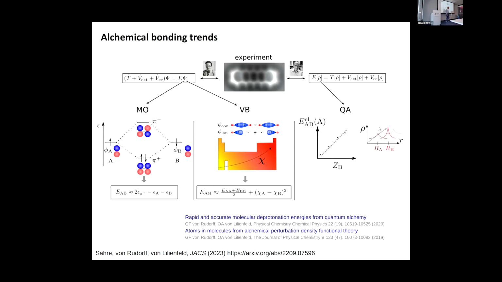So you can partition a molecule onto its electron densities, and then you can study how the energy of one atom in the bond varies, and that's shown here, as you vary the nuclear charge of the other. Now, that linear behavior would suggest a multiplicative answer, right? And that's what we published in this JACS paper here, which just recently came out.